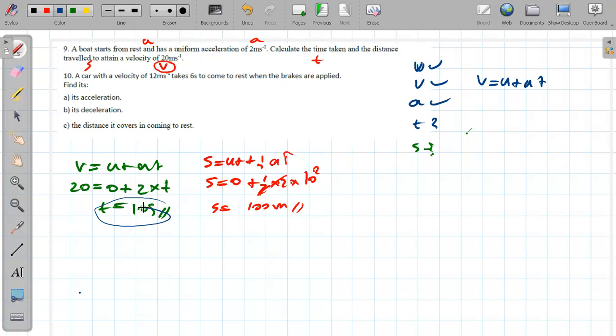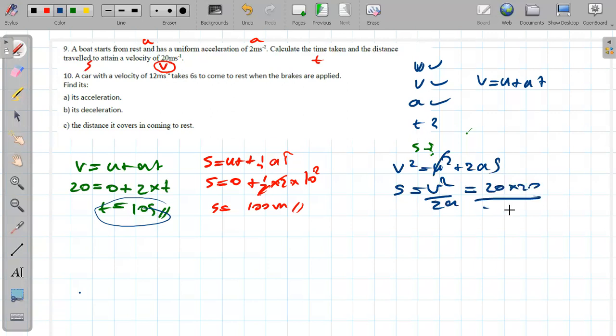Okay. Now here I told you not to use the calculated values, so you can still use these things: v squared equals u squared plus 2as. So s equals v squared over 2a, because u is 0. v is 20, so 20 squared over 2 times the acceleration, which is 2.